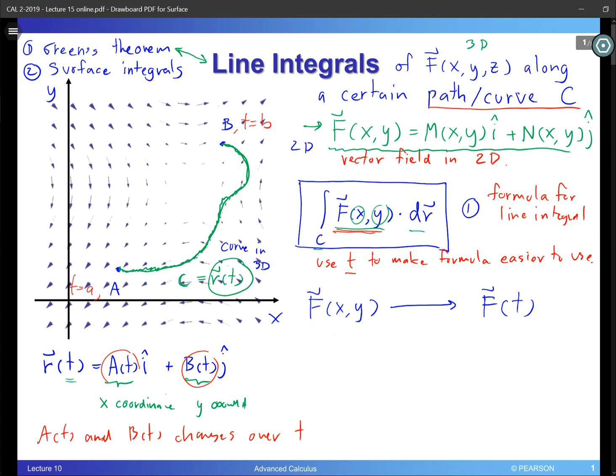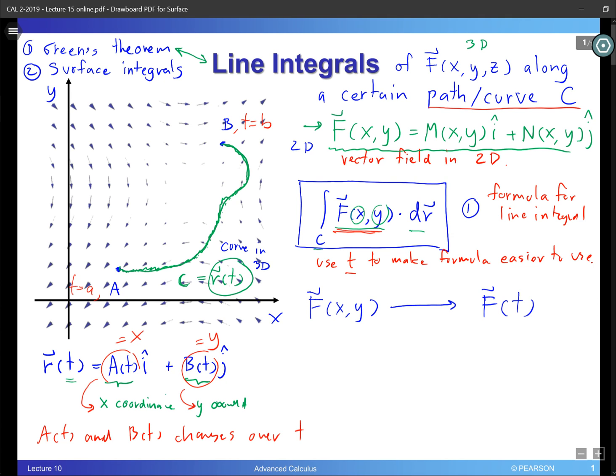In order to do this, all we need to do is to substitute a of t and b of t into x and y, because here we know that a is the x coordinate, a equal to x, and b here is the y coordinate, which means that b of t is equal to y.